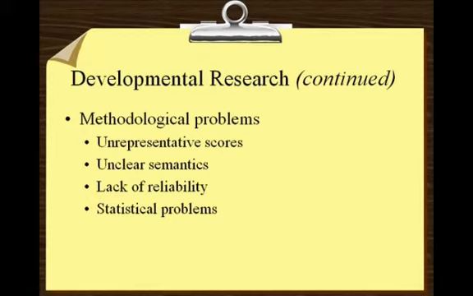Our next methodological problem is called lack of reliability. We have talked about reliability quite a few times. Reliability is just like if somebody is reliable, they're dependable. That means that they'll do what they say they're going to do. Well, reliability in this situation is: will the subjects, especially children here, be able to repeat their performance?